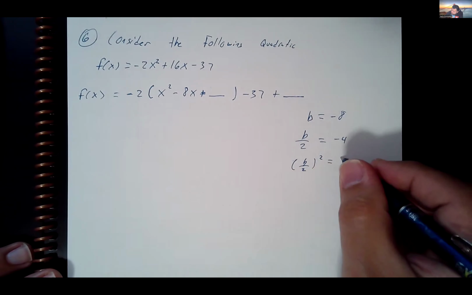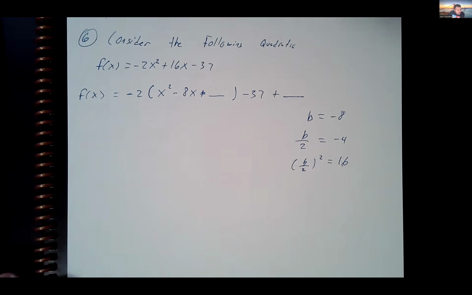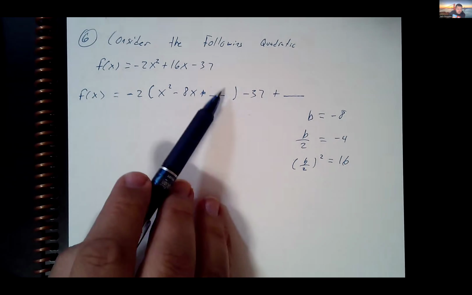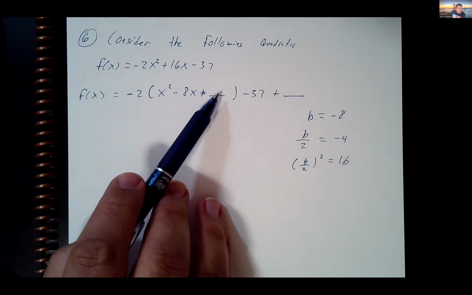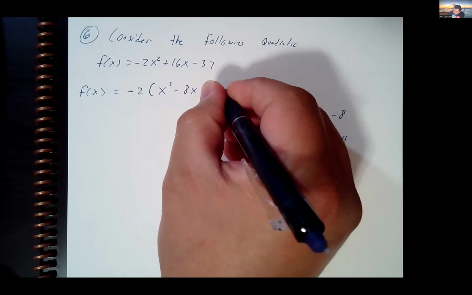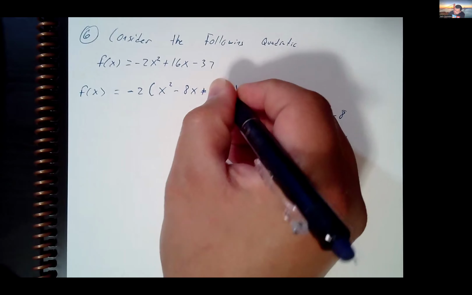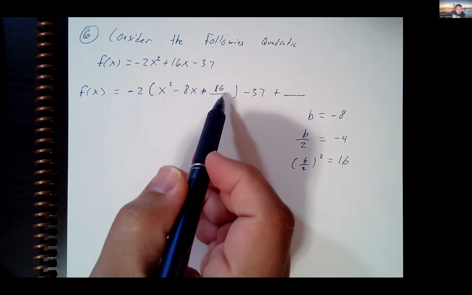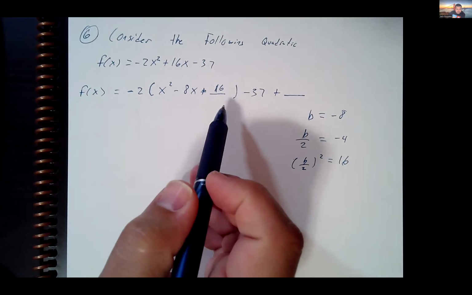But this is where it gets a little weird, because if you square -4, you get 16. So that's what I'm going to add right here, to complete the square inside. But notice that it's not really a 16 that I'm adding, right? Because what is -2 times 16? That's the true number that I'm adding.